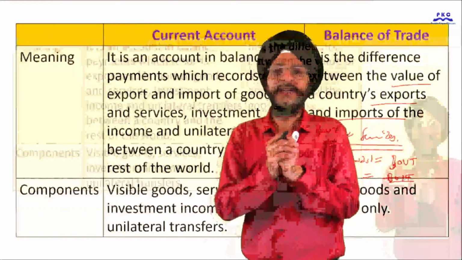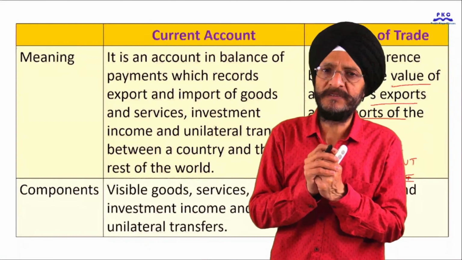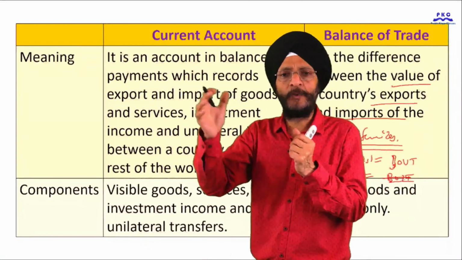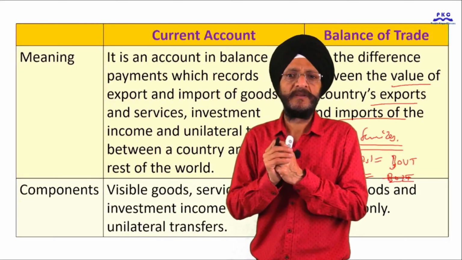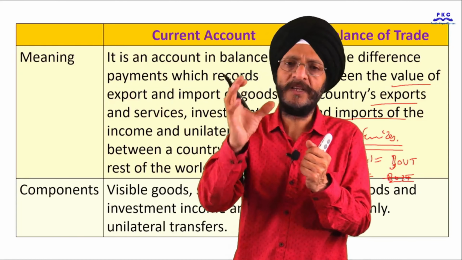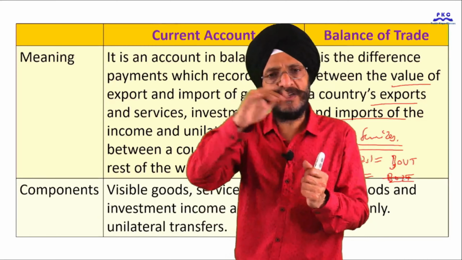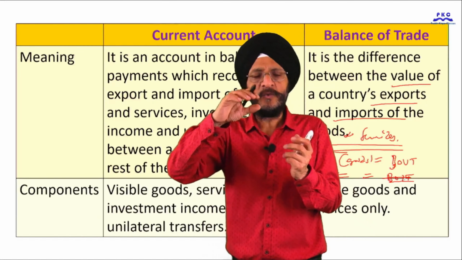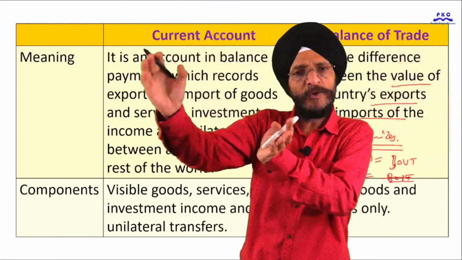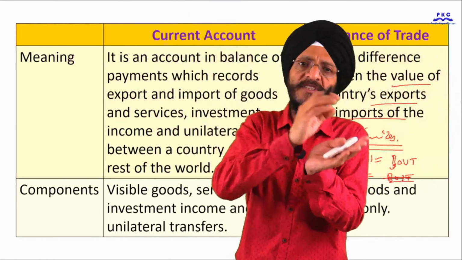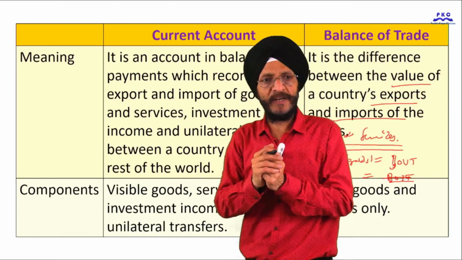We cannot ignore the role of services in export and import of the country. Services play an important role in any economy. So when we are talking about balance of trade, we should have a broad overview and should also include services.